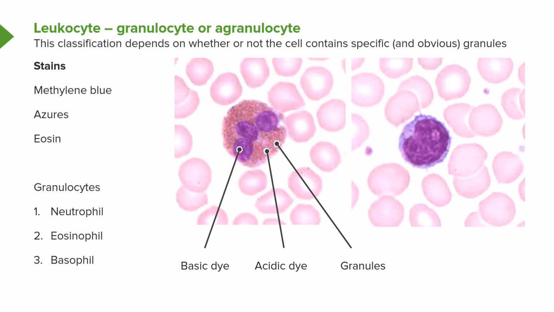And using these dyes then, we can stain granules as being either eosinophilic or red, as you see in this slide, or sometimes you can use them to show a bluey tinge in some granules. The Azure dyes are shown here. So those staining criteria are important to identify the different granulocytes. On the bottom left of the slide, I've listed the most common granulocytes we're going to come across in blood: the neutrophil, the eosinophil, and the basophil.